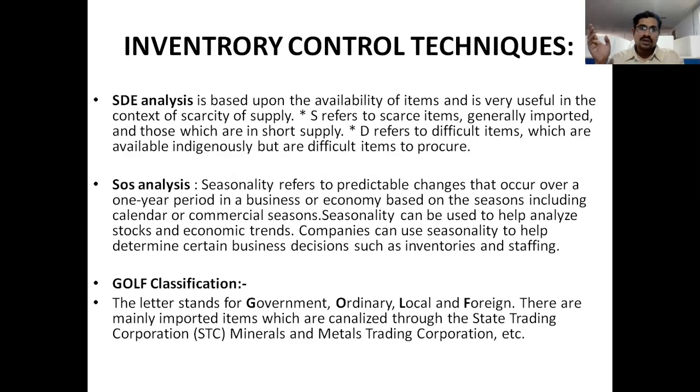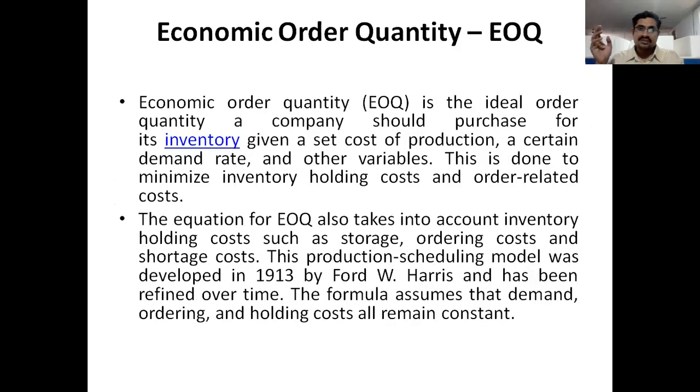Right, this we already discussed, and a very important thing is economic order quantity, EOQ. Here we order a quantity to the supplier, and that is based upon our economy, so it is called economic order quantity.